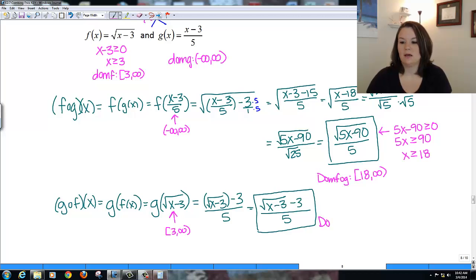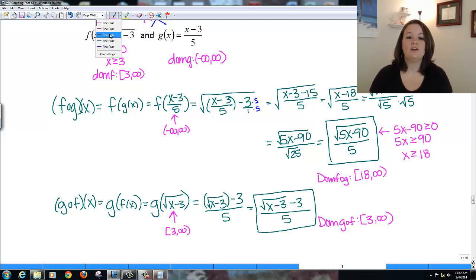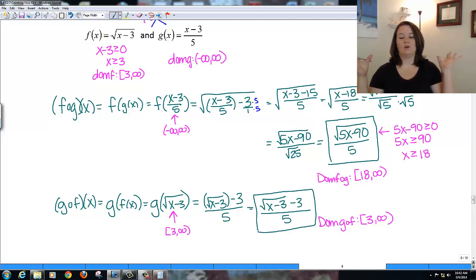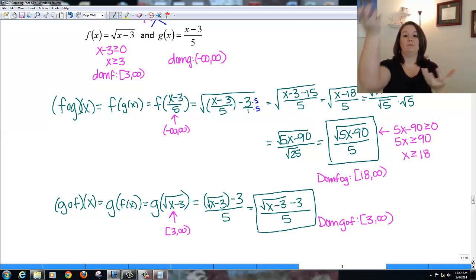So this means that my domain of g composed with f is going to be 3 to infinity. Okay? All right, so that was all just figuring out the new function, how to go from one function to the new function by taking a function and plugging it into the other one. Okay, or the first one into the second one. So this is coming up with a new function and finding the new domain.